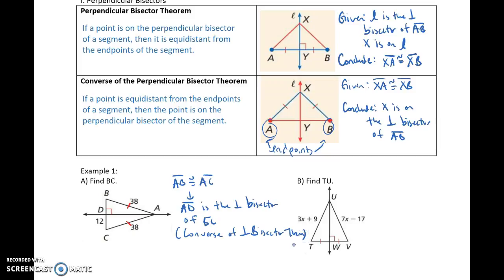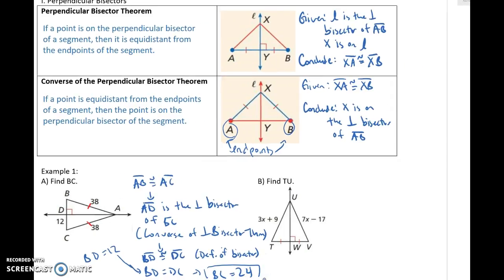If that's true, then we know that AD is bisecting BC, so BD should be congruent to DC by the definition of bisector, which tells us BD should equal DC, and that means BD equals 12, coming from what's given, which then tells us that BC should equal 24.